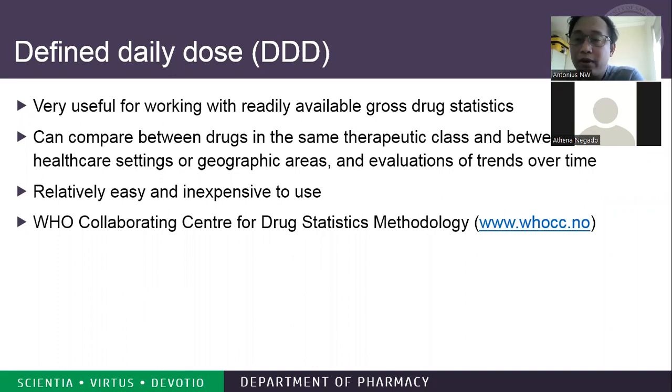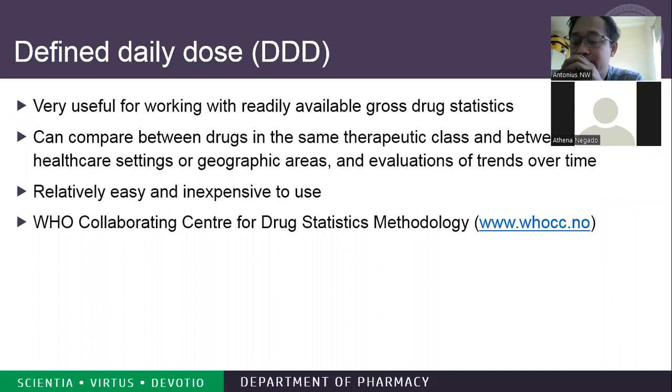When we have this measure of the defined daily dose, we can use it as a standard of measure to compare one health facility to another, or one region or area to another area.